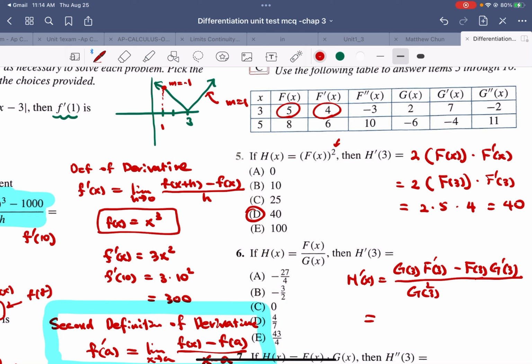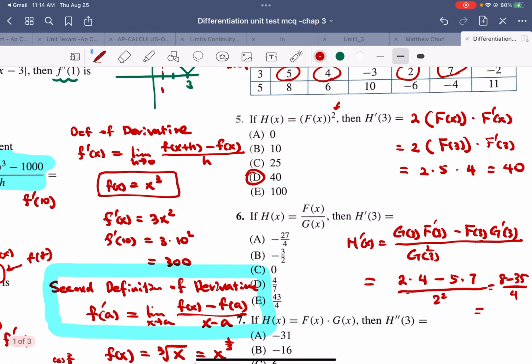So g of 3 is 2 times f prime of 3. We already found that that's 4. Minus f of 3 is 5, and g prime of 3, right here, is 7, over g of 3 is 2, 2 squared.